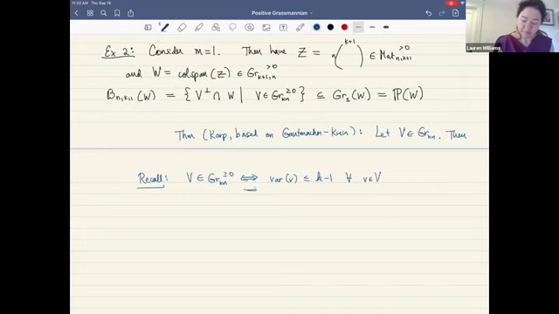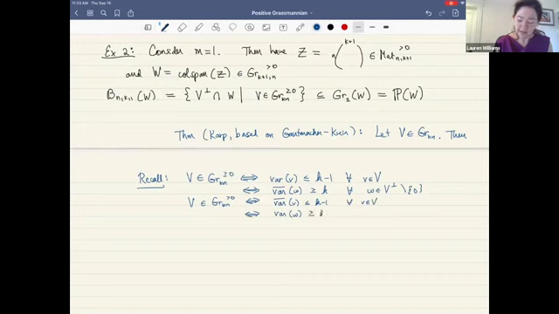If and only if var bar of w is at least k for all w in the orthogonal complement. And similarly, V lies in the totally positive part if and only if var bar of v is at most k-1, if and only if var of w is at least k for all w in V perp.